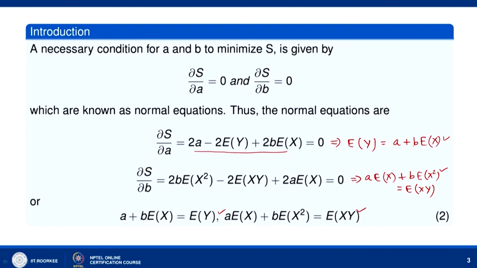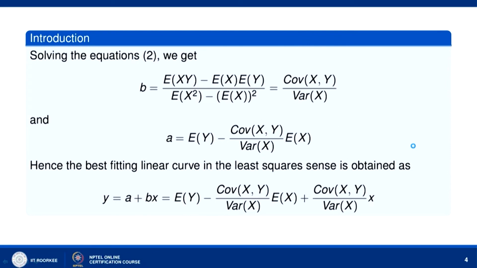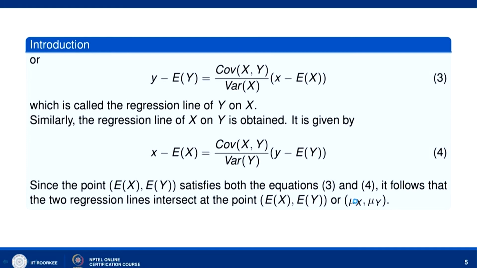The value of a comes out to be E[y] minus covariance of xy divided by variance of x into E[x]. Hence, the best fitting linear curve in the least square sense is given by y equal to a plus bx, where a is E[y] minus covariance of xy divided by variance of x into E[x], and b is covariance of xy divided by variance of x.